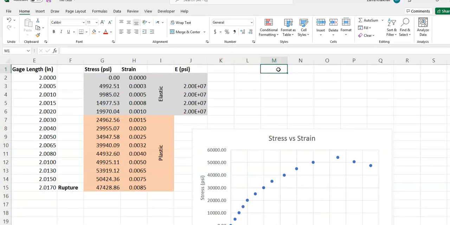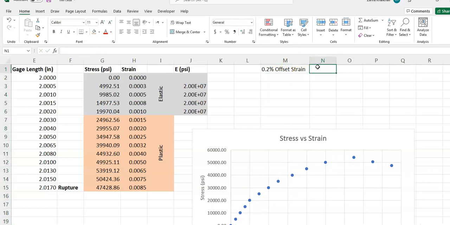So let's put this would be 0.2% offset strain, and this one would be 0.2% offset stress.